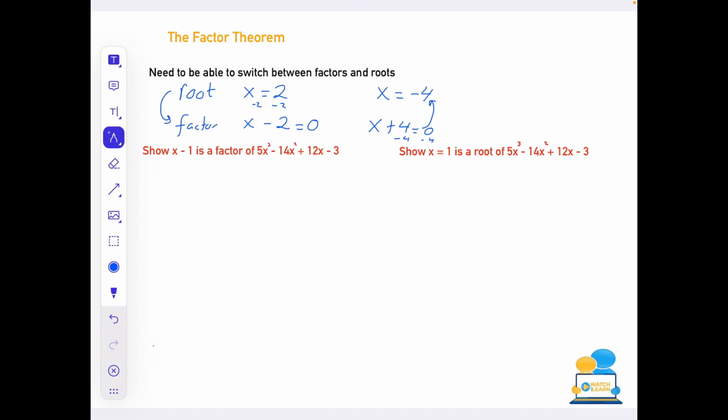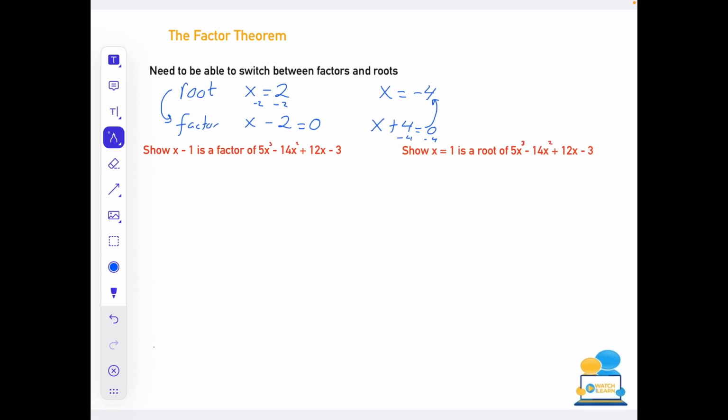If you want to show that 5 is a factor of 10, all you have to do is show that 5 divides into 10. Here we need to do the same thing. So we need to show that x minus 1 divides into 5x cubed minus 14x squared plus 12x minus 3 with no remainder.